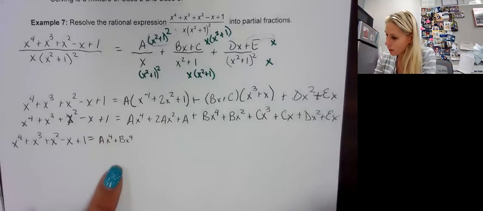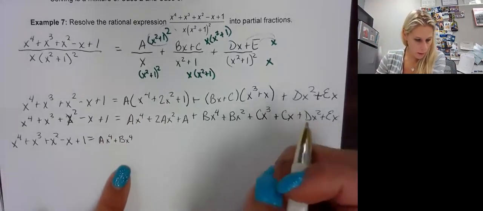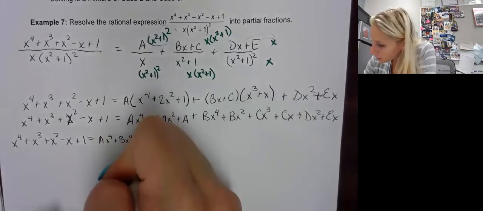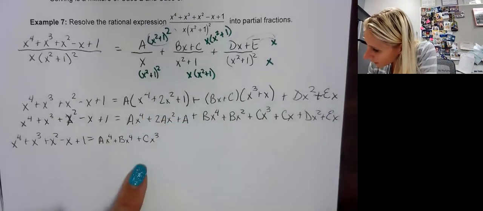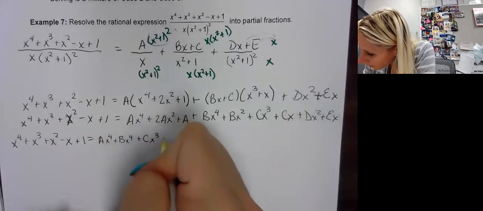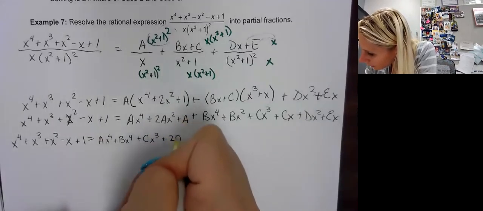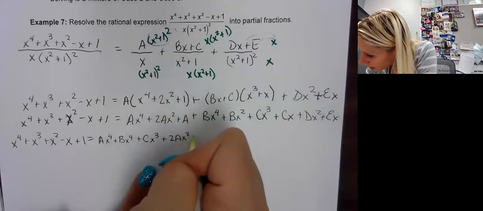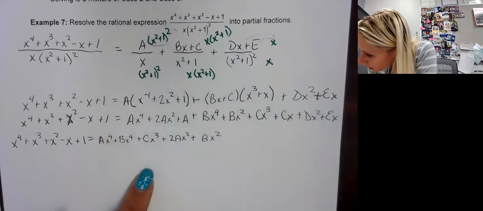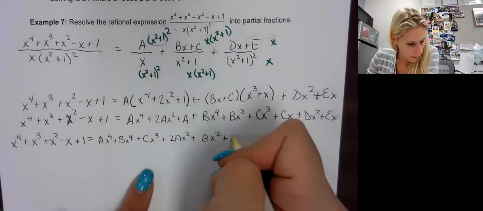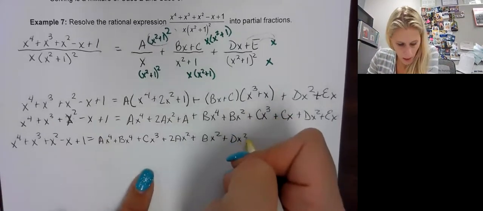Now I'm going to do all my x cubes, right? So I have a plus cx cubed. Now I'm going to do my squares. So I get 2a x squared plus b x squared plus d x squared.